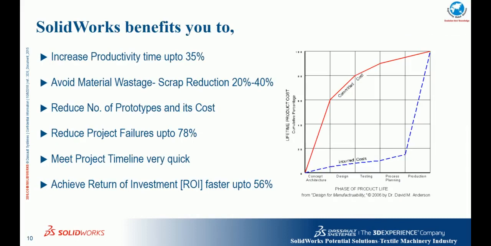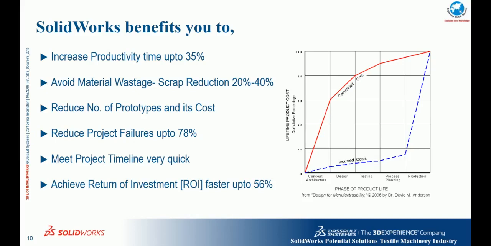And here I want to show you small statistics about SOLIDWORKS and how it benefits you. Currently we have potential customers throughout the globe, and they are proud that using our SOLIDWORKS can increase productivity by up to 35%, for instance in the textile industries.